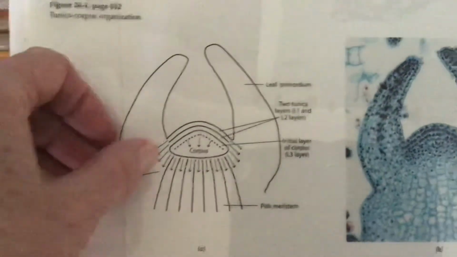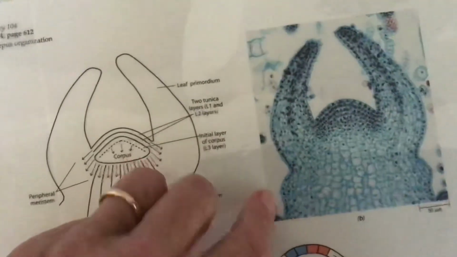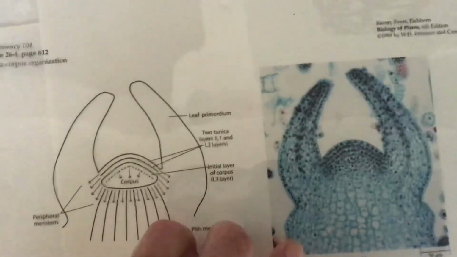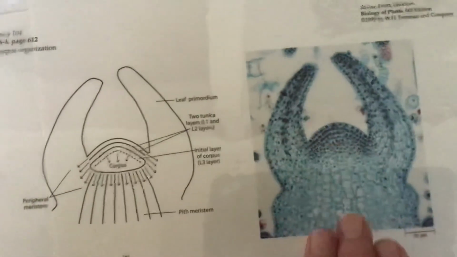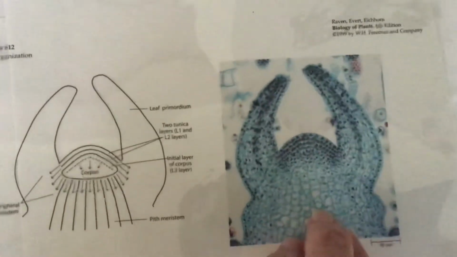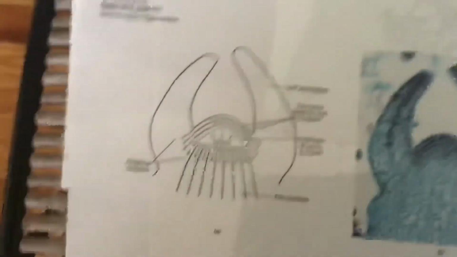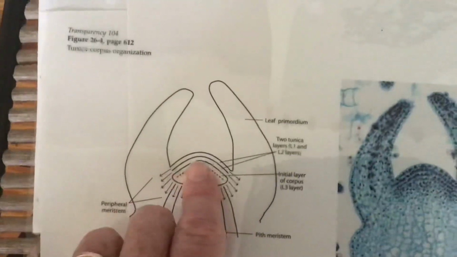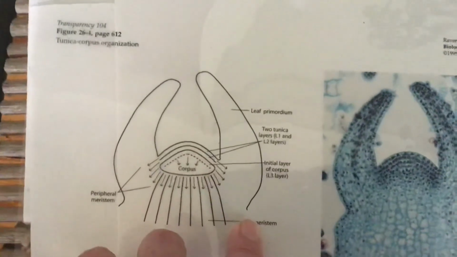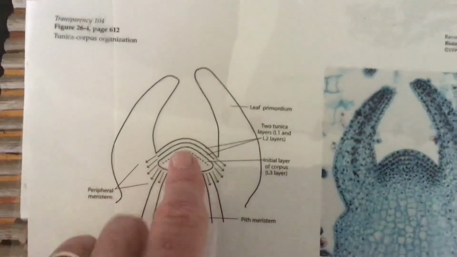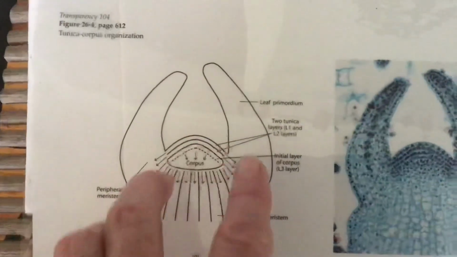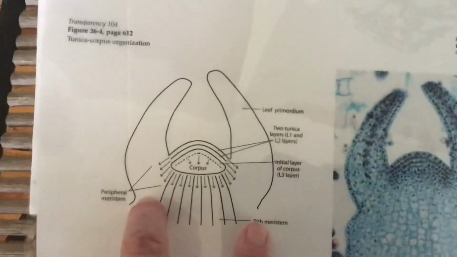If they end up on the outside of the plant, down here, they're going to be the epidermis, and then the next layer is going to be the cortex, and in the middle it may be other types of tissue like the vascular tissue or pith in the stem of a eudicot. So again, where those initials end up and become derivatives of the tissues, remember protoderm, ground meristem, and procambium, they will be differentiated based on where they are.